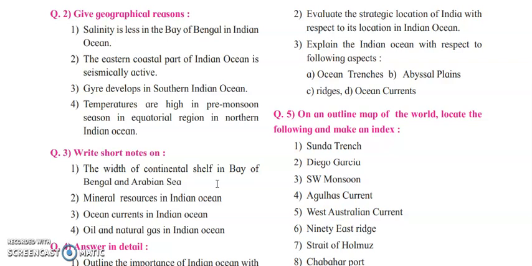Now how do we calculate the salinity? The salinity of water is a measure of the concentration of the salt present in it. How much sodium chloride is present in it, how much magnesium, sulfur, calcium is present in it. That is how it is measured, in terms of parts per thousand.